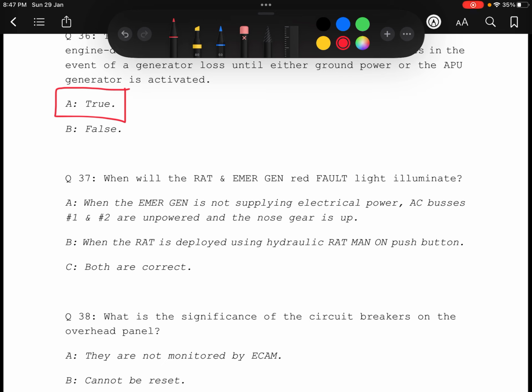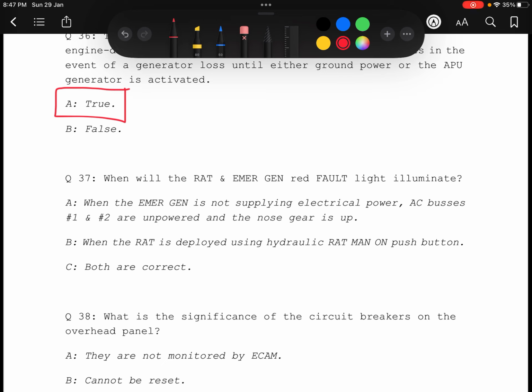So this fault light comes showing that the emergency generator is not supplying the electrical power and both AC buses are unpowered. That's why this fault light comes, right? You can go to the controls and indicators of this chapter and you will be able to find it very easily. I should refer to the FCOM for you.